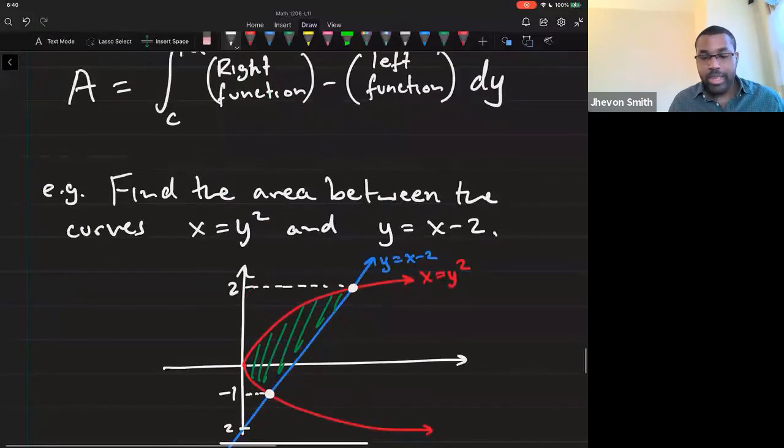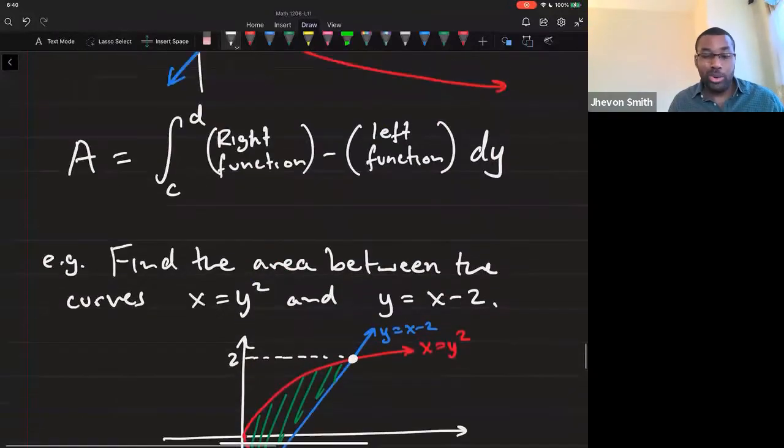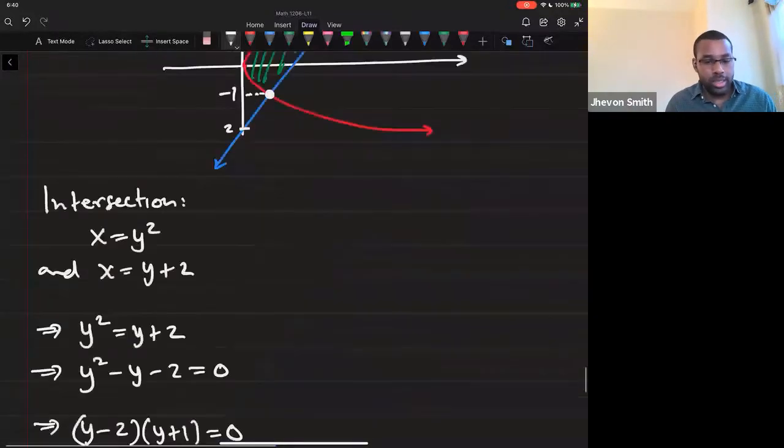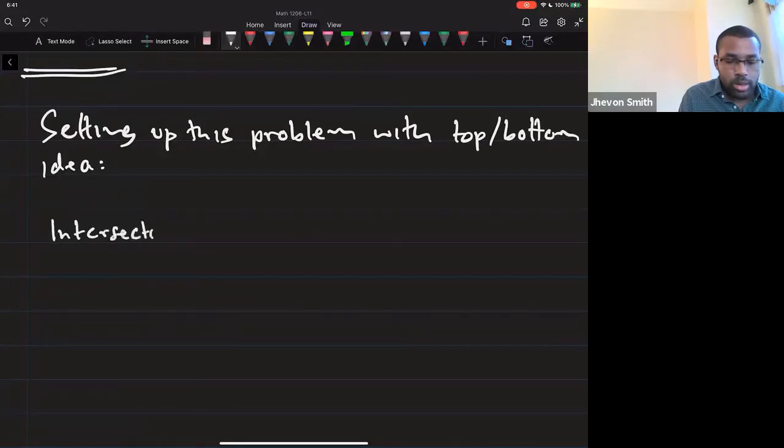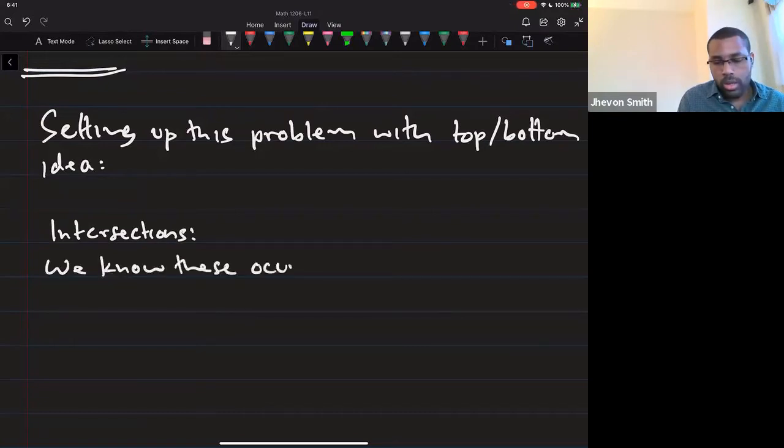First, you would have to find the intersections, but you're going to, of course, want to find them in terms of x's. We know these occur at y equals minus 1 and 2.